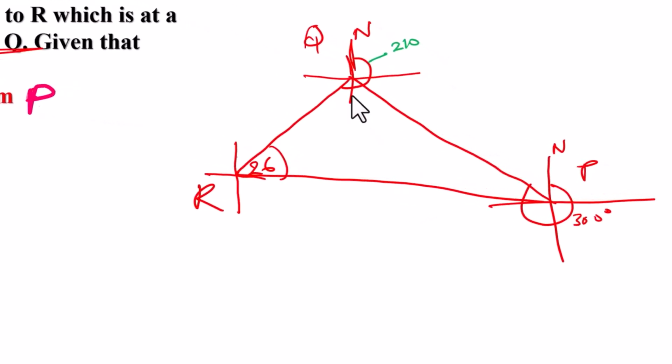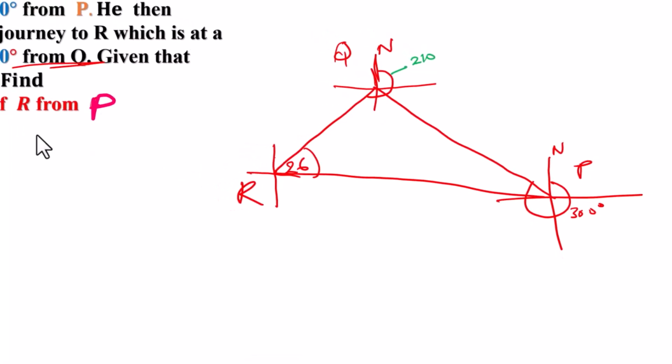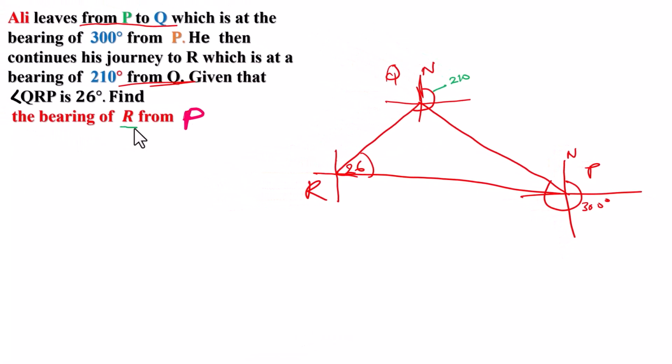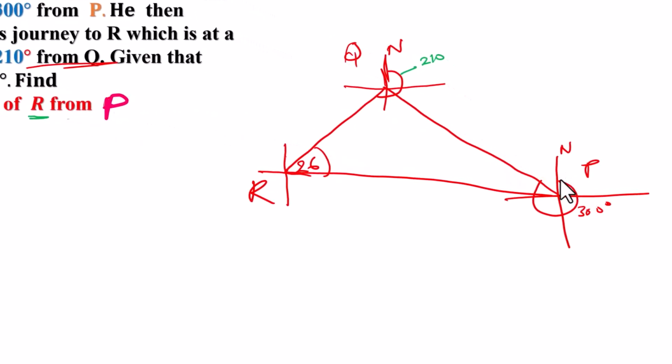Now the question says find the bearing of R from P. So from P, the starting point, we start from the north and measure this angle to R. That's the answer. We need this side, then this side. When we add and subtract from 360, the result will be the answer.